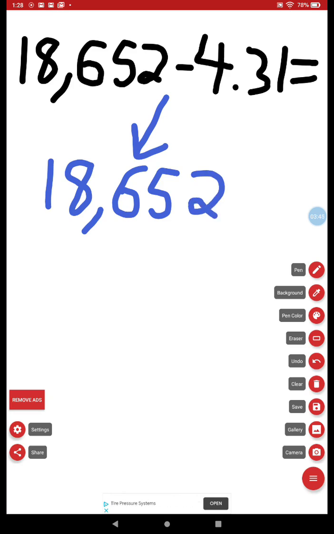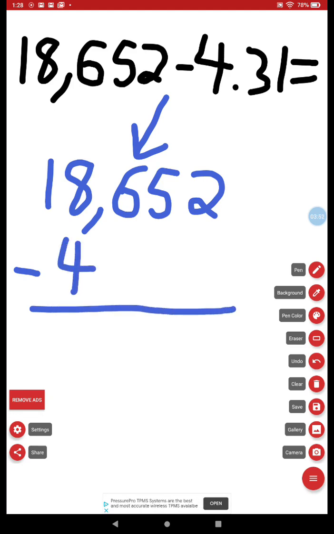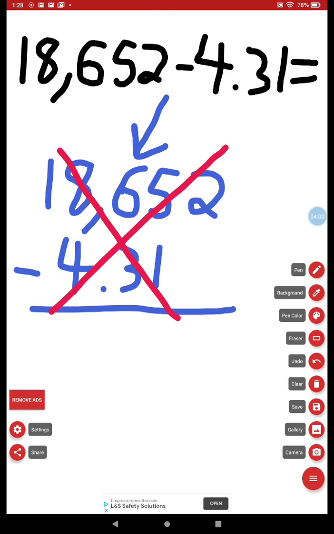Now you might be tempted to line up the comma and the decimal and say, oh, I can do this, Mr. Ivan. Nope. Don't do that. Because a comma and a decimal are not the same. They're actually very different, okay?